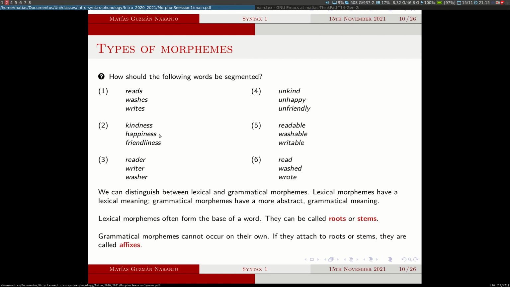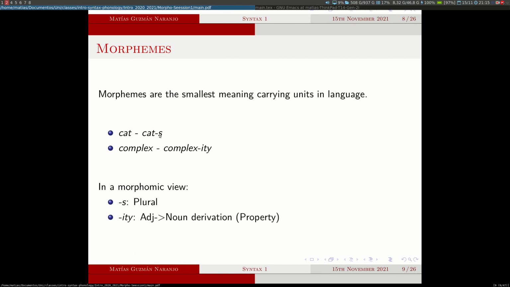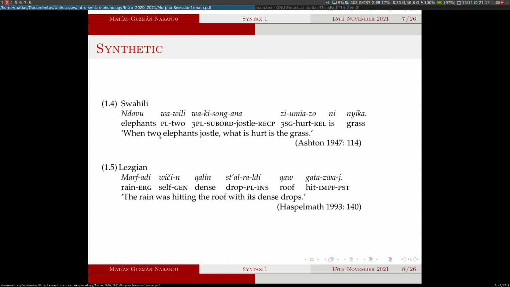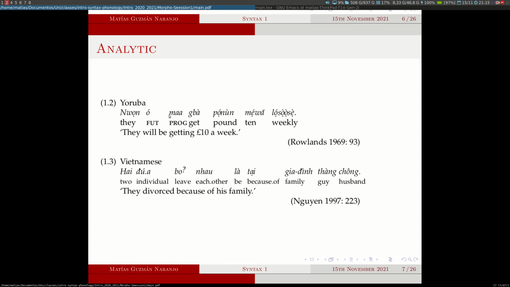And an important point is that for the most part, grammatical morphemes cannot occur on their own, and they can only occur if they are attached to roots and stems. If grammatical morphemes are segmental, like -s here, so it's composed out of individual segments, we call them affixes. If they are on the right, they are suffixes. If they are on the left, like in Swahili, they are prefixes.